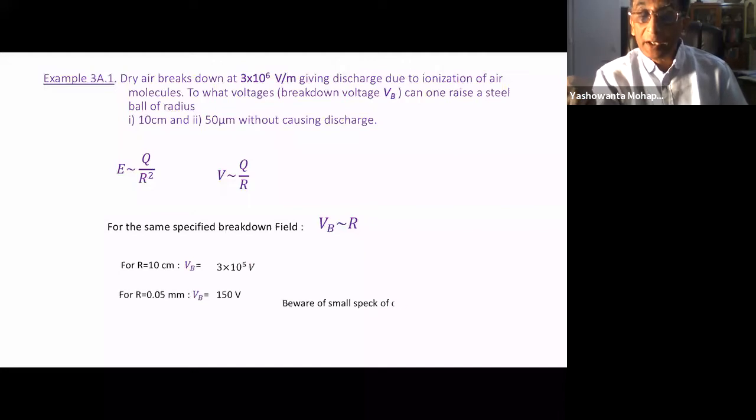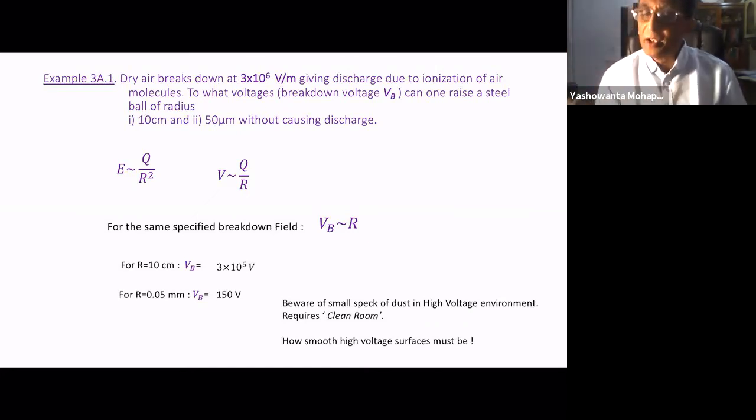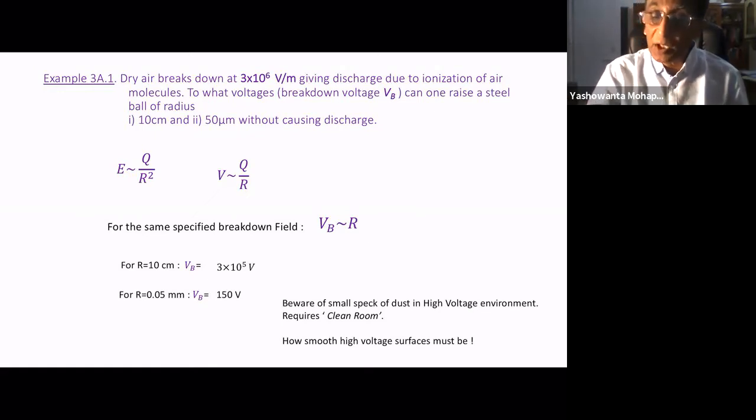Because of that, in the lab, wherever we use high voltage, a small speck of dust can get charged by some means, then it will start discharging and there will be a lightning kind of effect. That is why we do such high voltage experiments in an extremely clean room. This is a technical term, clean room, where it is almost dust free.